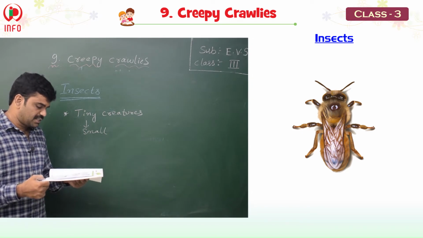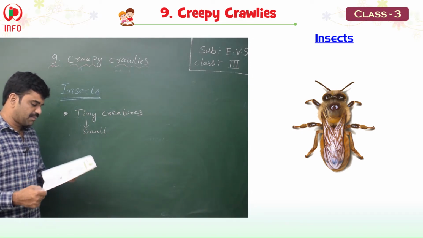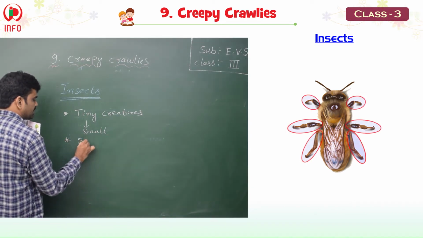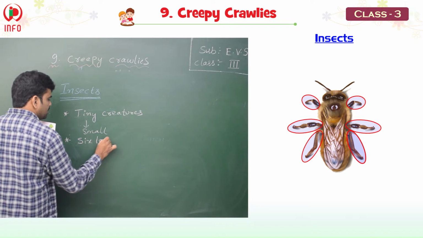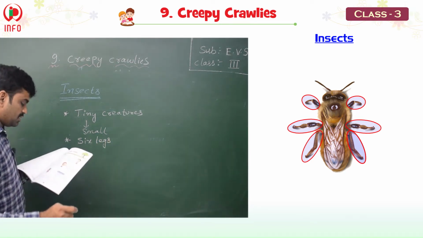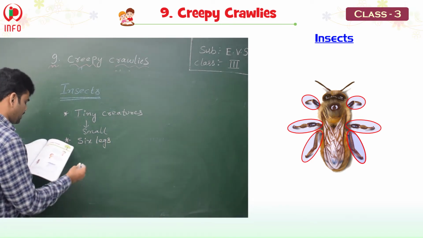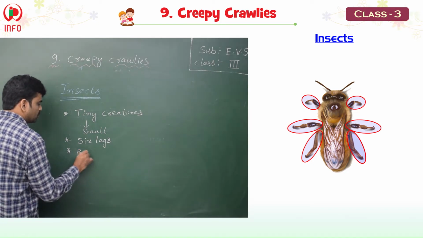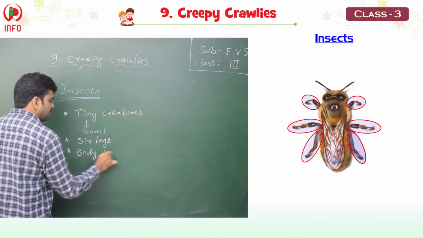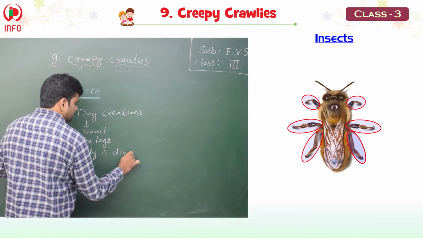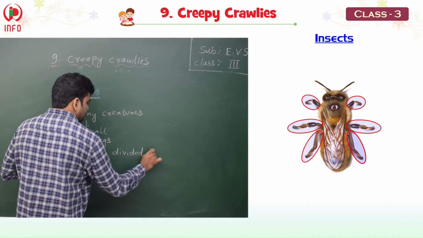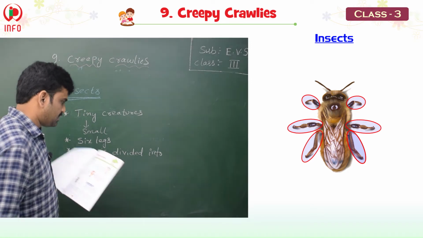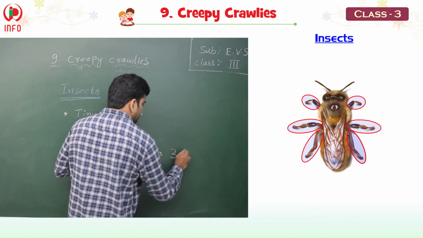They have 6 legs and their body is divided into 3 parts. So these insects have how many legs? 6 legs. Insects have 6 legs and the body is divided into 3 parts, children.